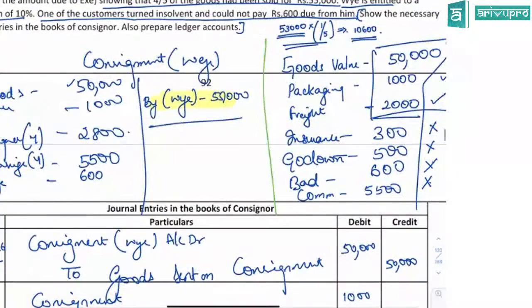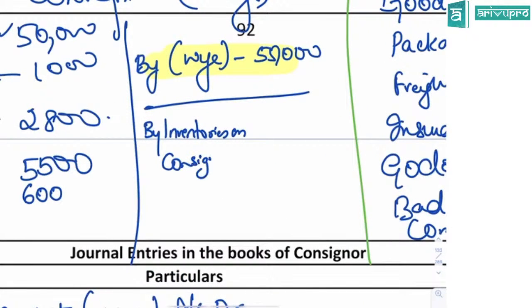Right? So you will be writing it here as closing stock. Instead of writing it as closing stock, I'll write it as inventories on consignment, 10,600. Are you clear?